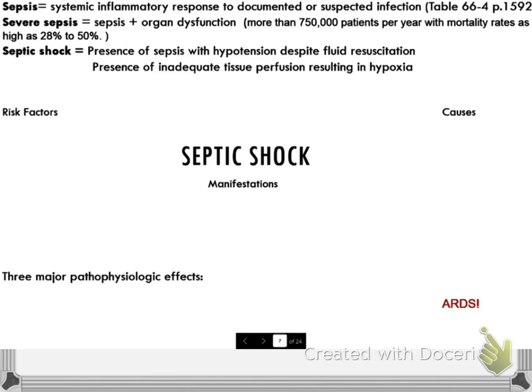So as far as manifestations go, tachypnea, altered neurostatus, decreased urine output, GI dysfunction, and I think they also made a comment back there about the GI dysfunction. It can be GI bleeding, it can be a paralytic ileus.